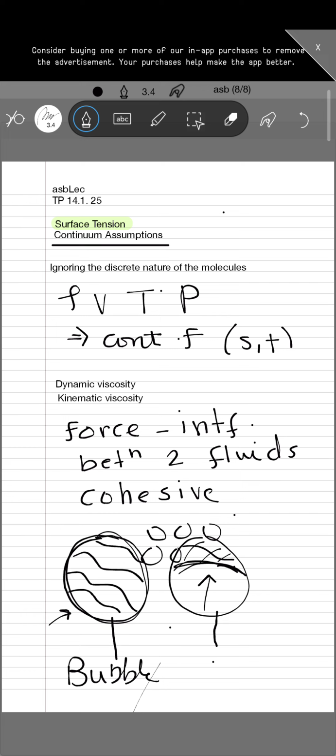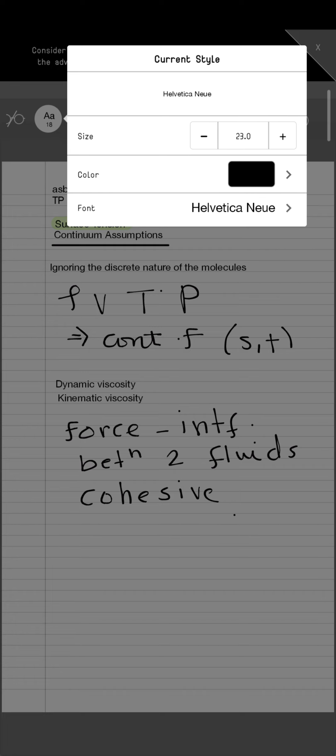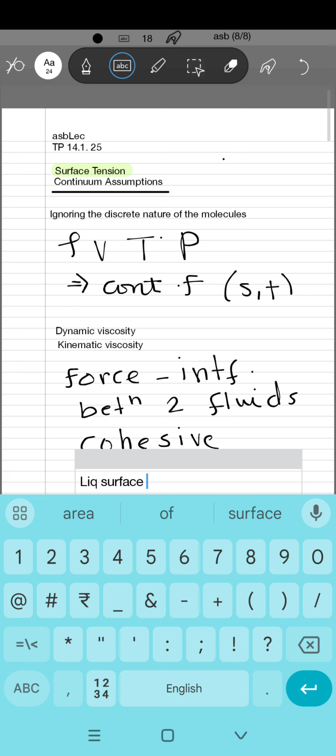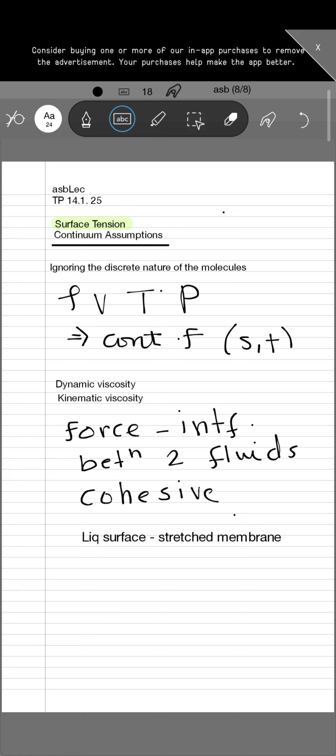Okay. So what we can infer from this observation is that the liquid surface is behaving like a stretched membrane, and due to this stretched membrane, it has a tendency to contract.